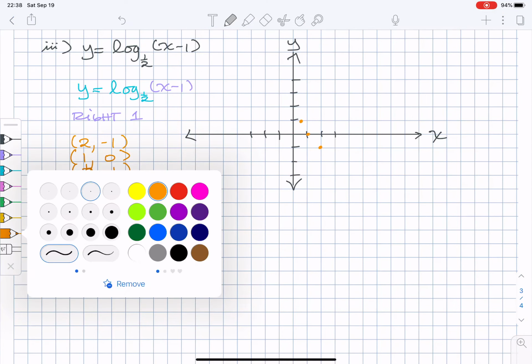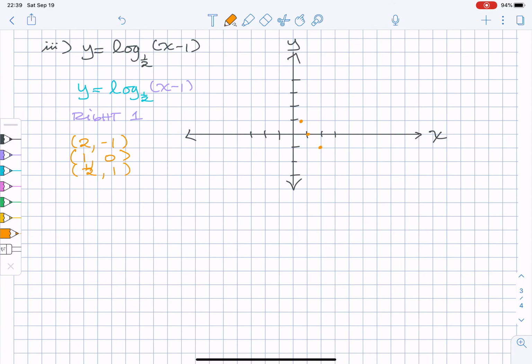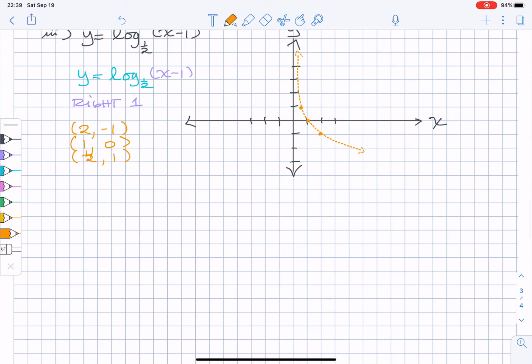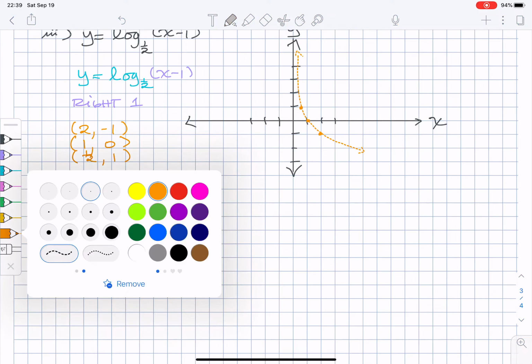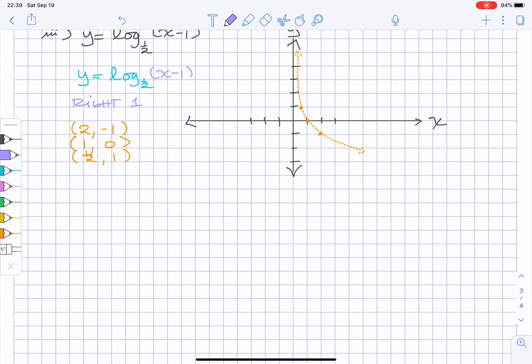So it looks like if I have a fraction base, my logarithmic function seems to be a reflection about the x-axis instead of the y-axis. And this is what I'm going to shift to the right 1 unit to get the final function.